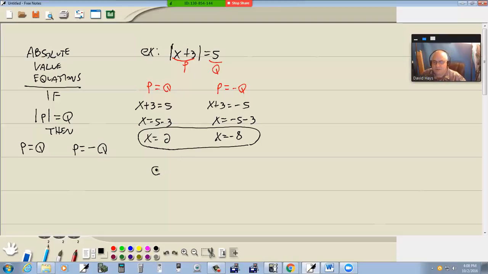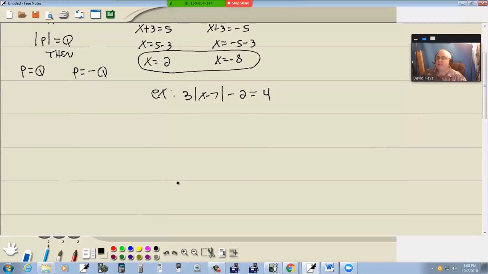Now let me just show the start of another problem where you have to get it by itself. Okay. We can't apply our property until you get the absolute value by itself on the left side. So here I'll do the opposite operation. I'm going to add 2 to both sides.